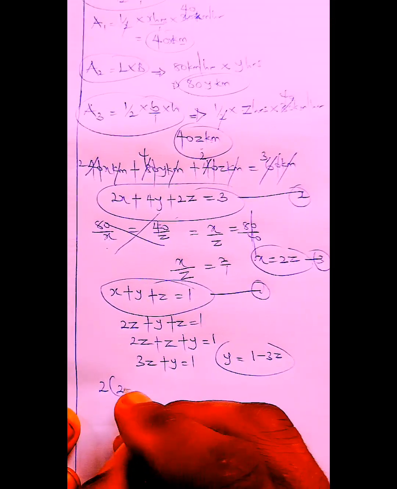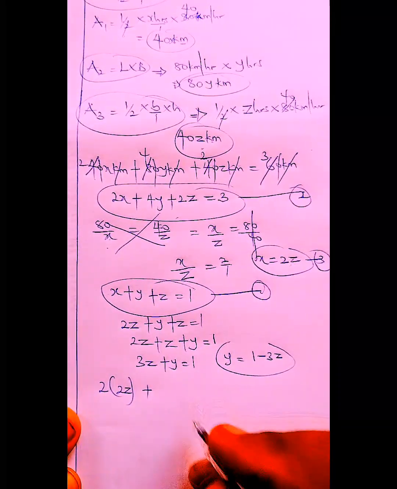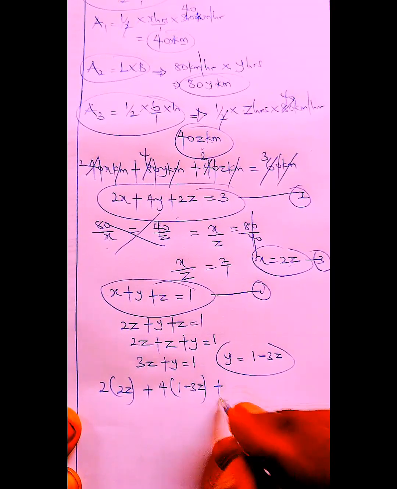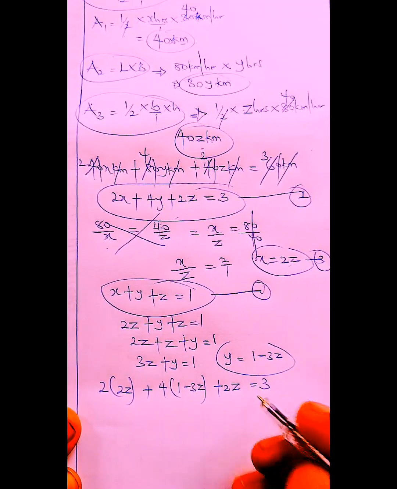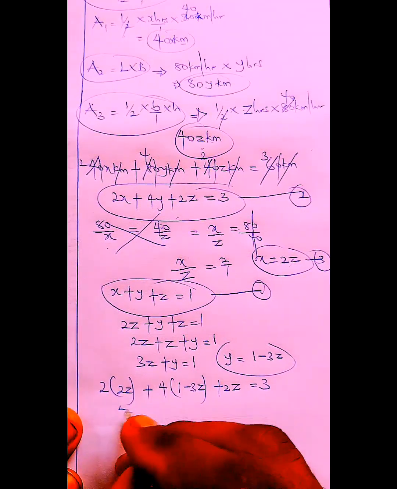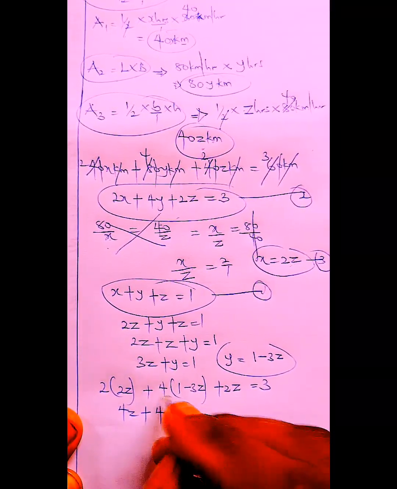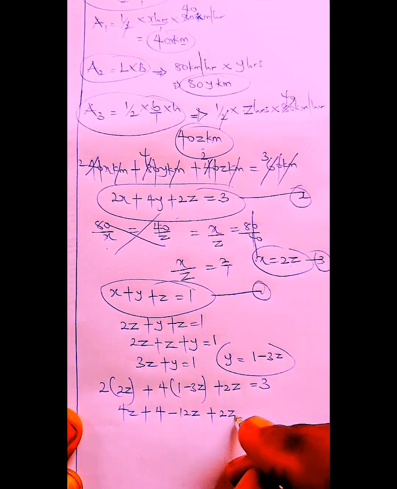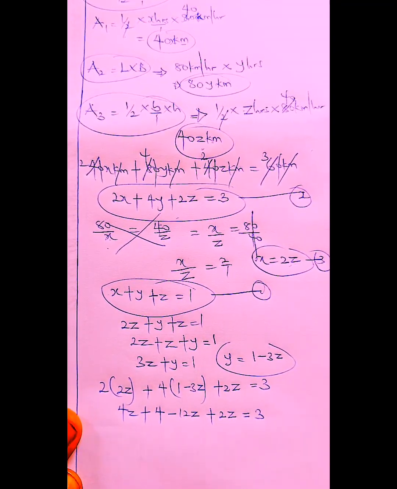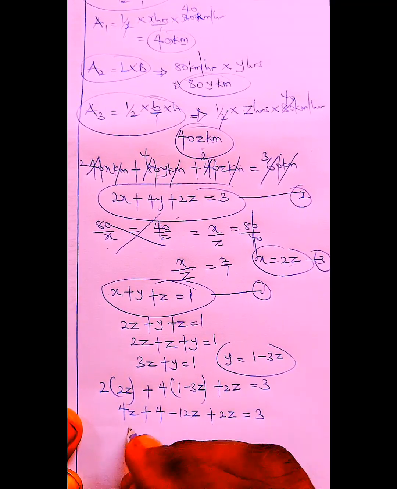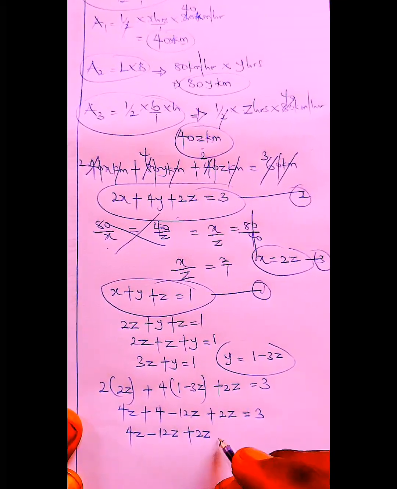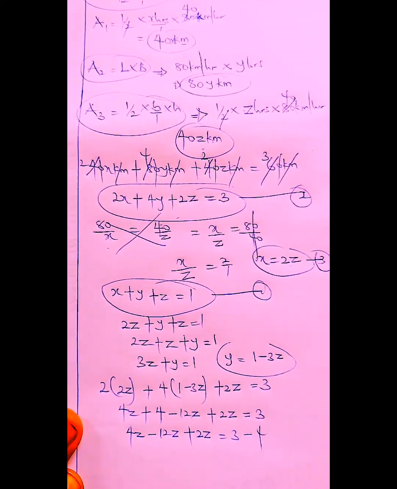That's 2 open bracket 2z plus 4y, y is 1 minus 3z, then plus 2z equals 3. 2 times this is 4z, plus 4 times 1, 4, minus 12z, then plus 2z equals 3. So you're going to collect like terms: 4z minus 12z plus 2z equals 3 minus 4.